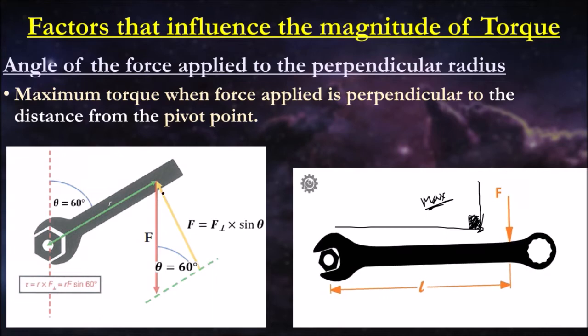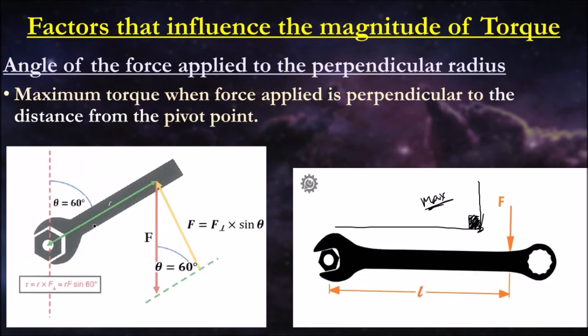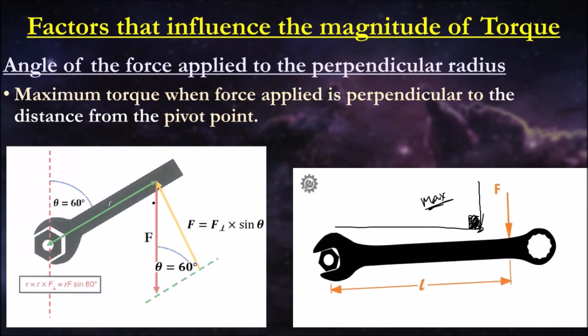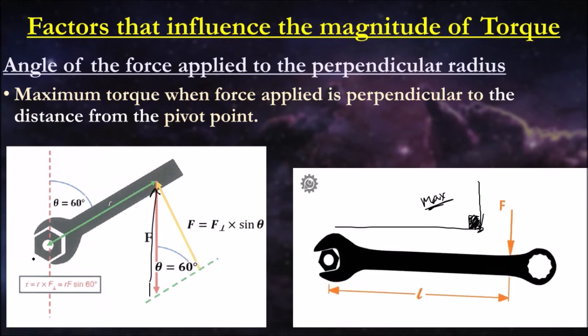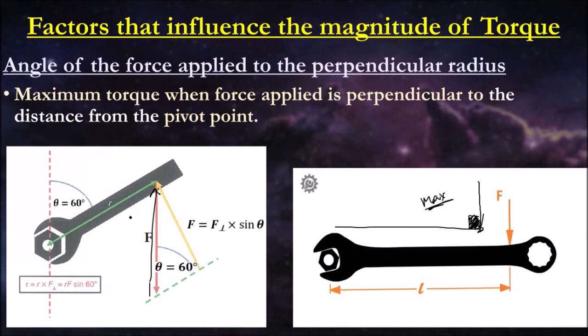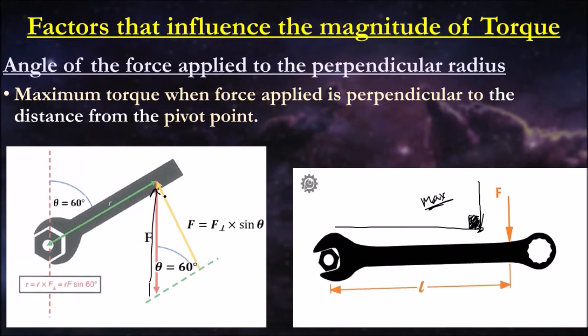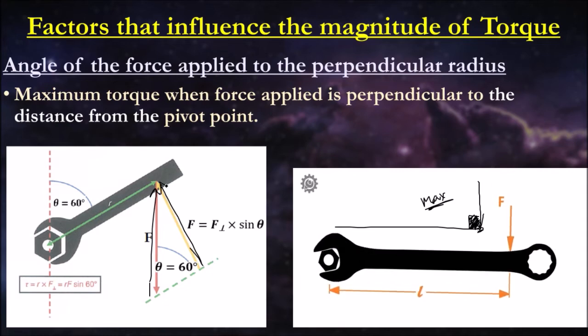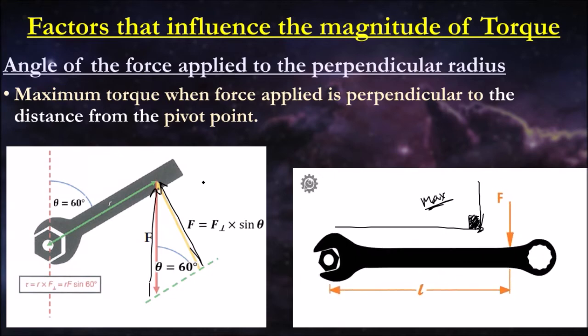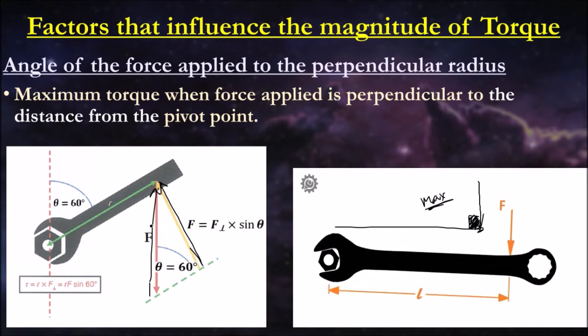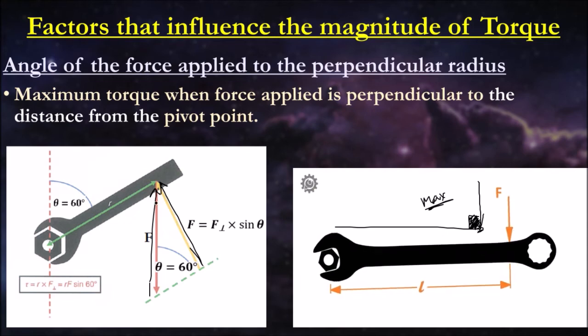If we apply the force at an angle to the pivot point, then we need to solve for the perpendicular component of the length in order to find the force.